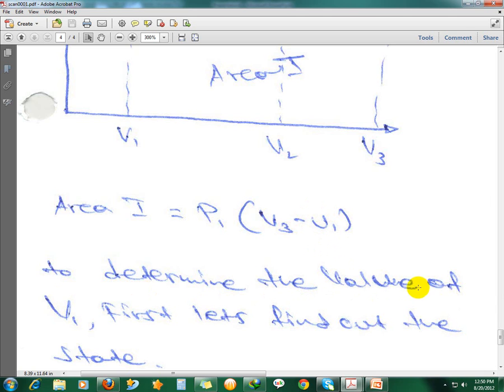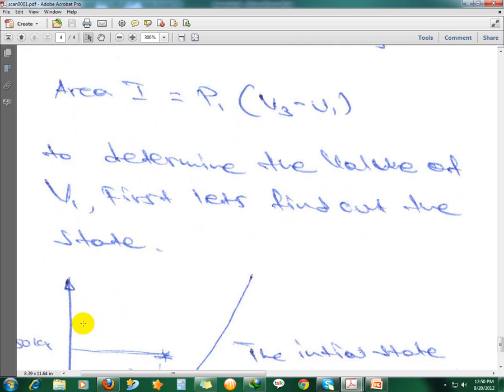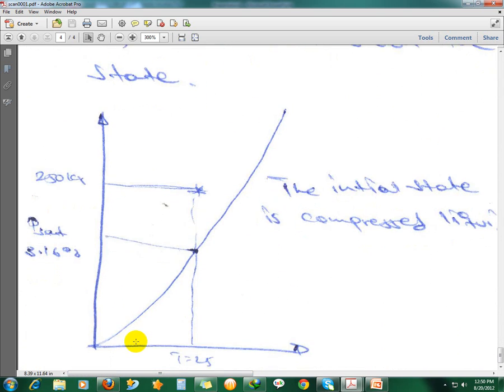To determine the value of V1, first let's find out the state at stage 1. To determine the state at stage 1, we have two properties, pressure and temperature. Using pressure and temperature, using the graphical method, we can determine the phase, and the initial state is compressed liquid.